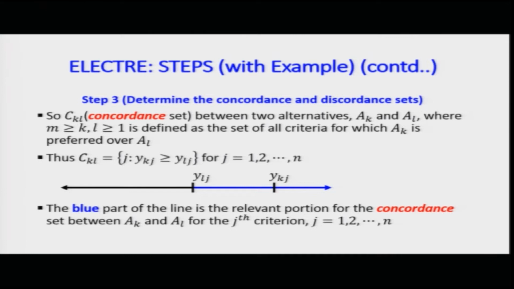C is now the concordance set, where the value of Ykj, for j equal to 1, 2, 3, 4 till n, dominates the value of Ylj. That means, for each row or each column you take, you compare those values with respect to that fixed value, and then place that decision either in the concordance set or the discordance set.